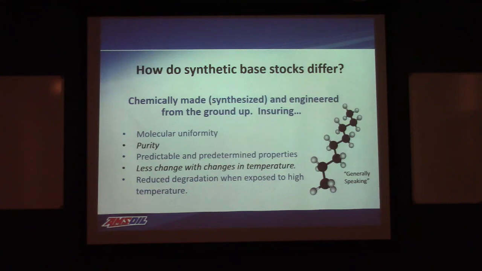Okay, and you'll say, hey, that's good because that increases their load carrying ability. A plus there. However, as it thickens, you run into a situation where now they become more and more difficult to circulate. And if you can't circulate, the oil is not going to be where it has to be to protect the equipment components. So functionality over a broad temperature can be a real issue. Synthetics have a definite advantage there.